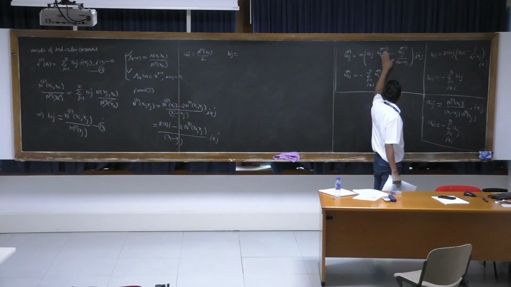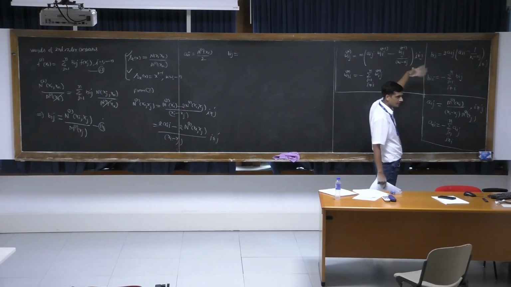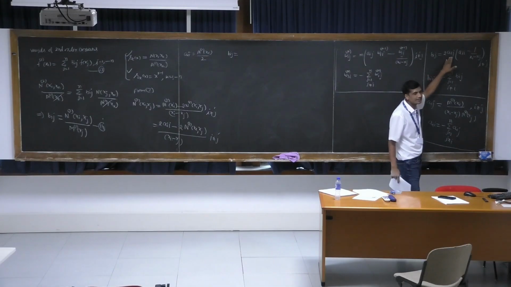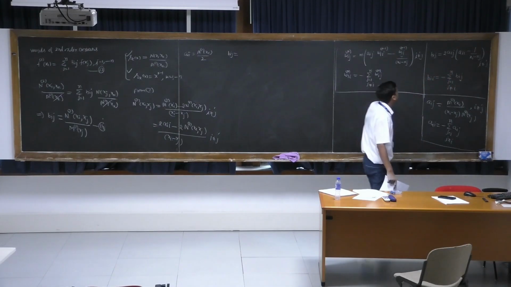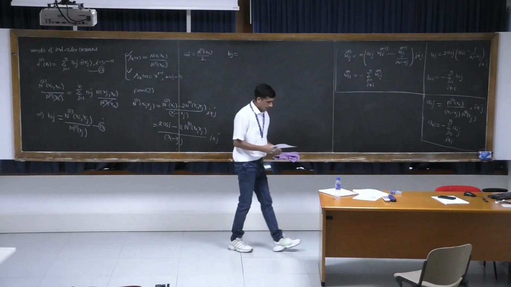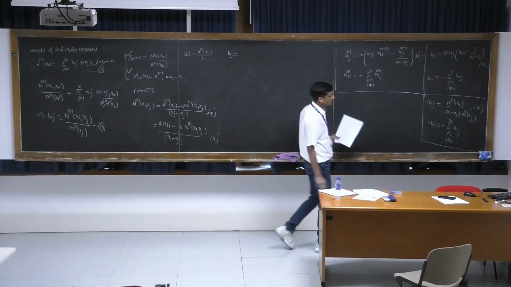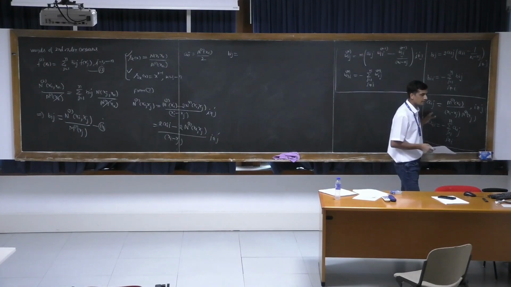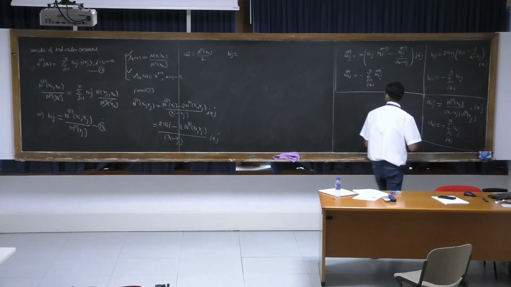So Aij at first level is okay. This will be common, and 2 Aij, and this is fine. Okay, so this was one way, but if you have the first order weights, we can compute in another way also.